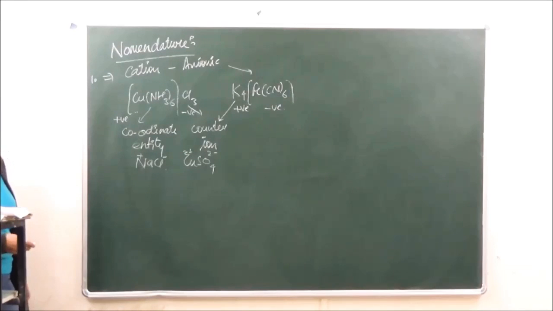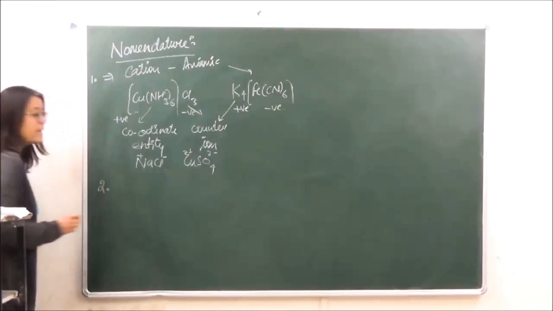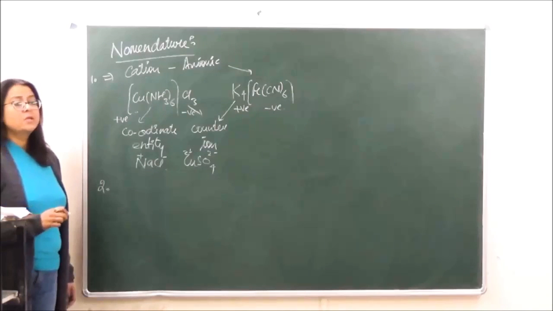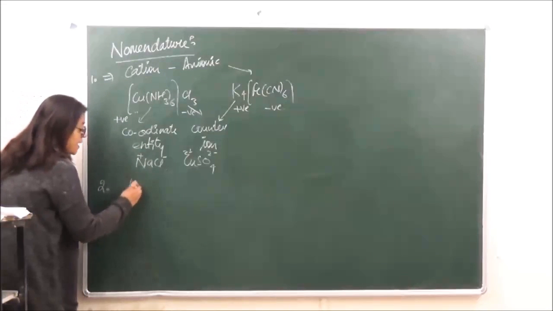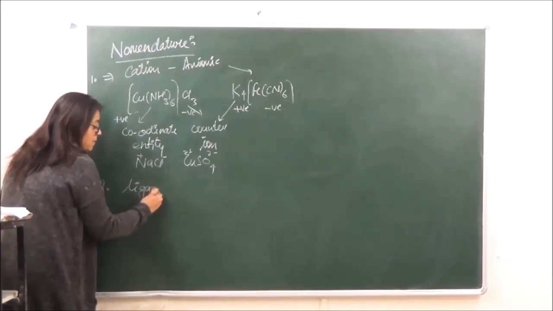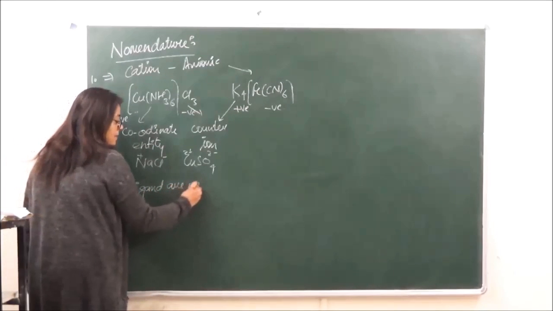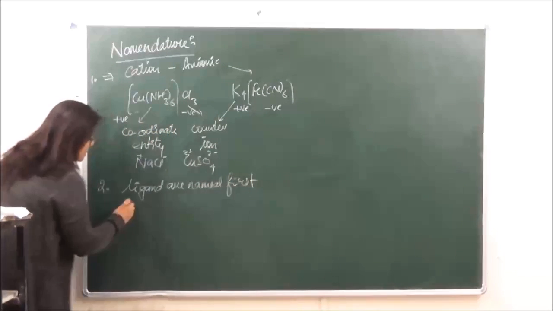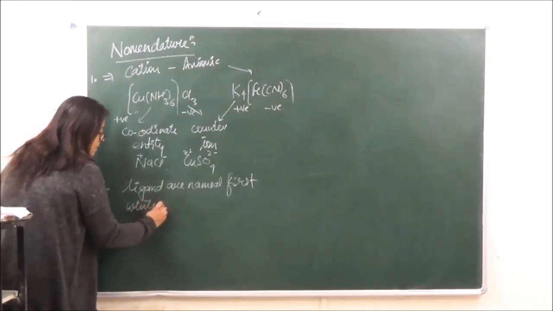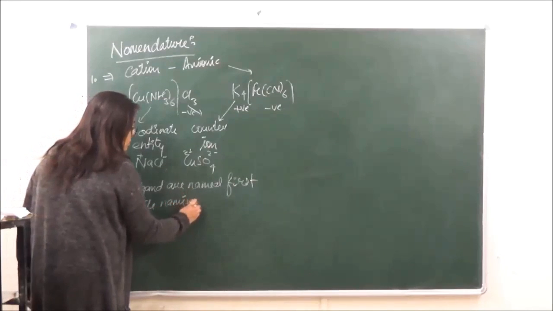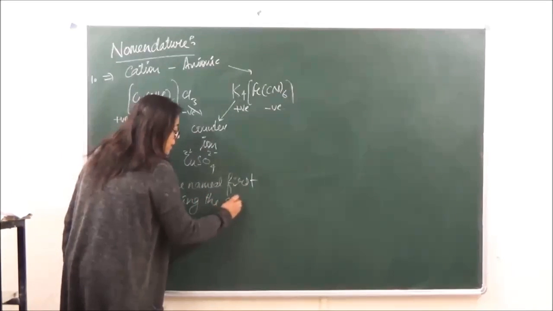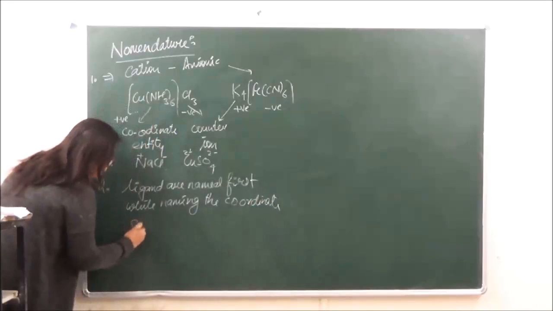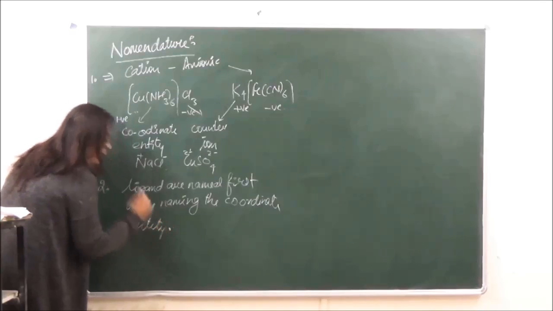The second rule: whenever there is a complex ion present, that is, when we are naming the coordinate entity, the ligands are named first while naming the coordinate entity.